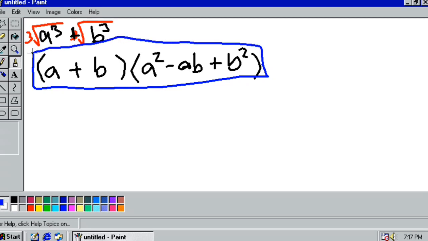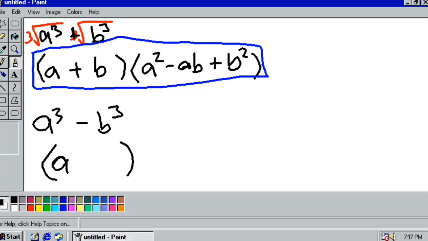Now let's say we have a minus sign. So a cubed minus b cubed. Set up a parentheses for the binomial, then find the cube roots. The cube root of a cubed is a, and just like this, it will also be b. So what sign are you gonna use? What do you think? It will become minus since this is the difference of two cubes.